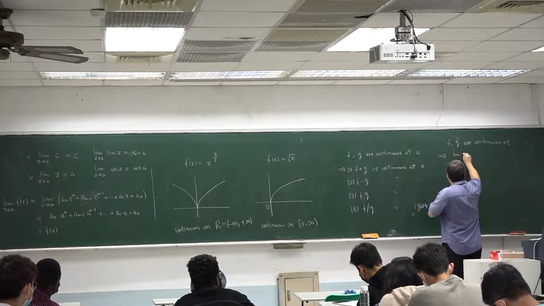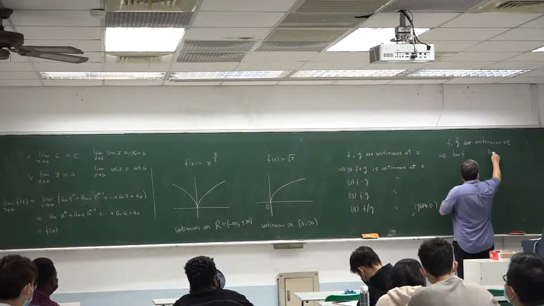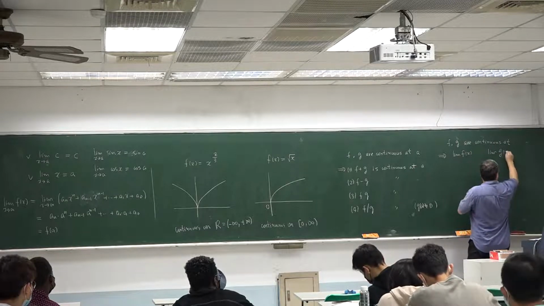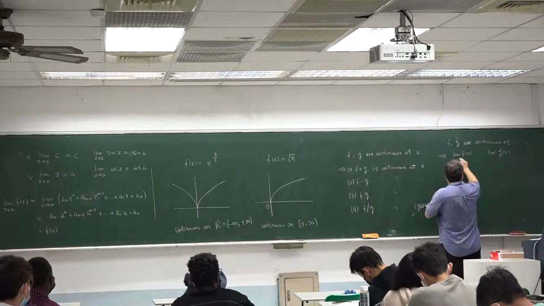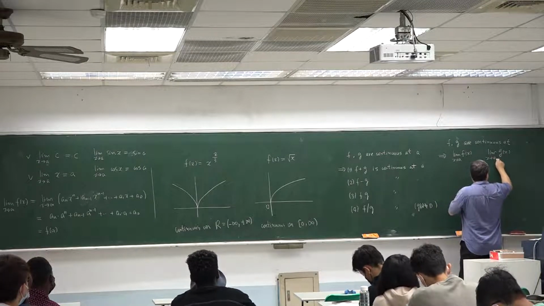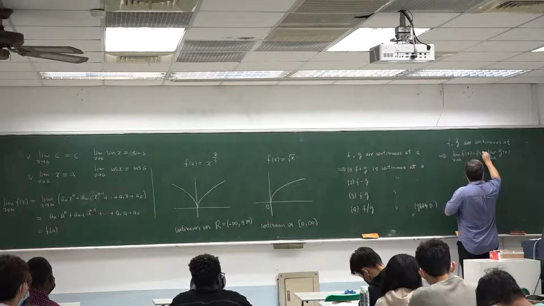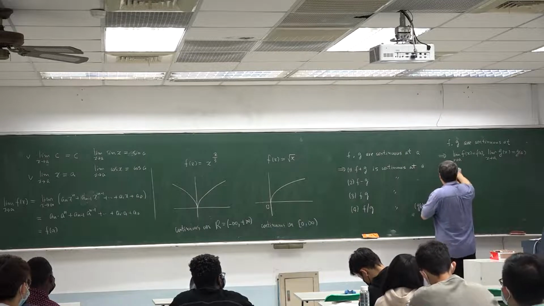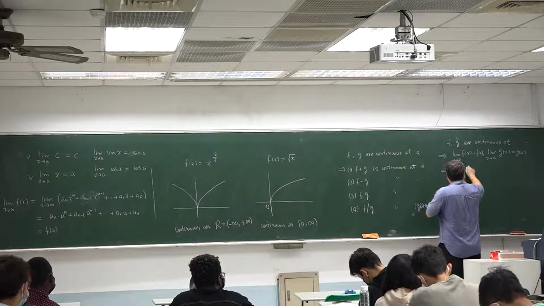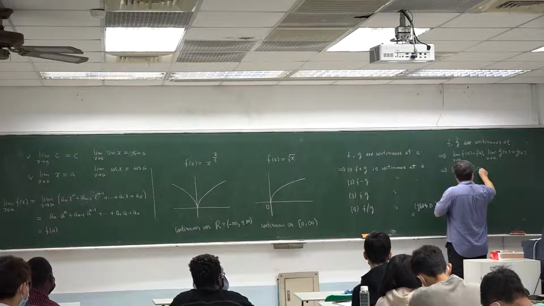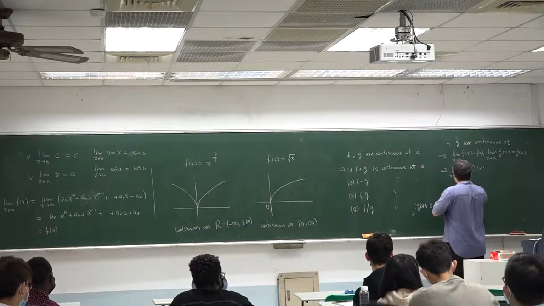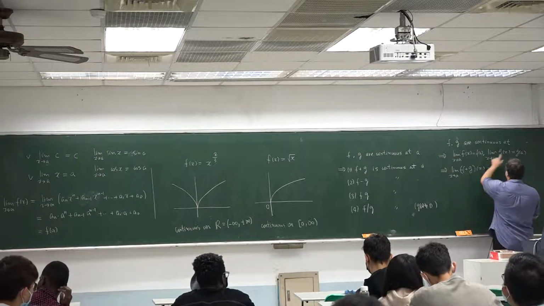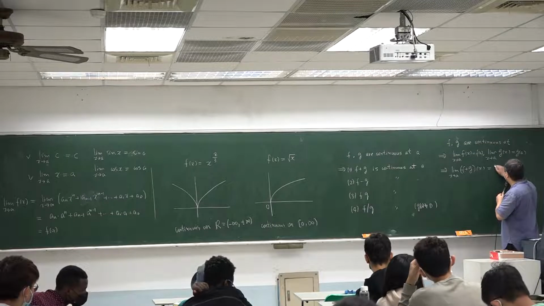Then the limit of these two functions exists. This one is f of a, and this one is g of a. Therefore, the limit of the sum of the two functions at a also exists, which is the sum of the limits of these two functions at a.